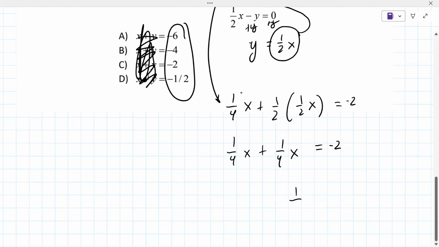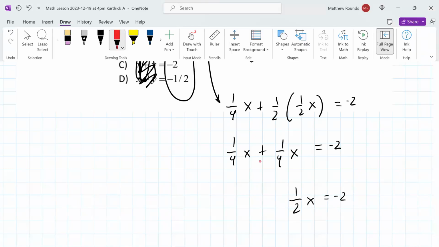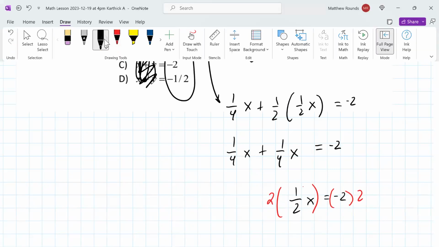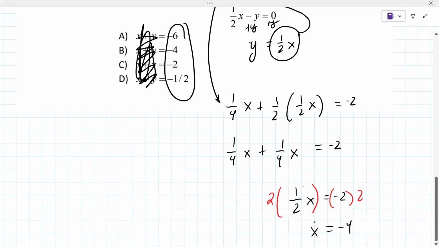That's 1/2 x, or 2/4, equals -2. Multiply both sides by 2, and you get x equals -4.